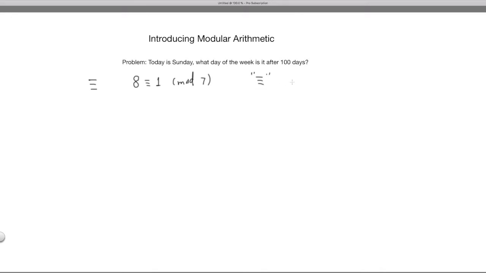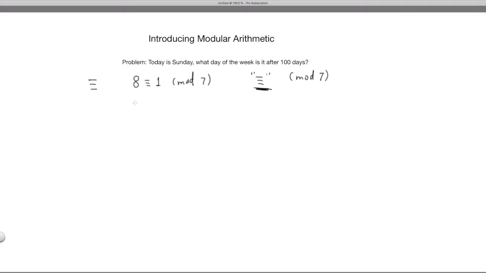It always has to be coupled with a modular symbol afterwards, because this really means a remainder, and the remainder only makes sense when you refer to dividing by something. So you write modular 7 or modular 2 or modular something.